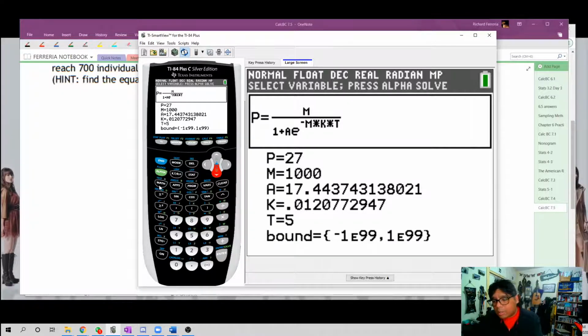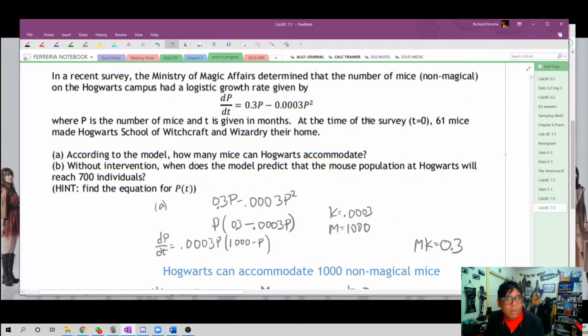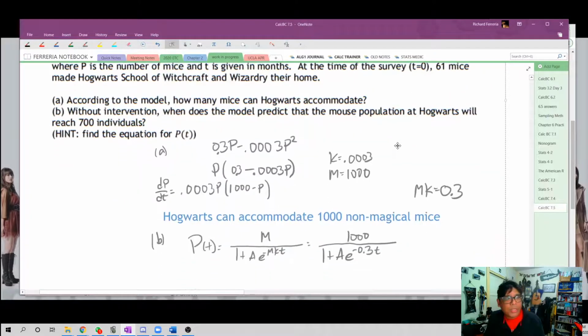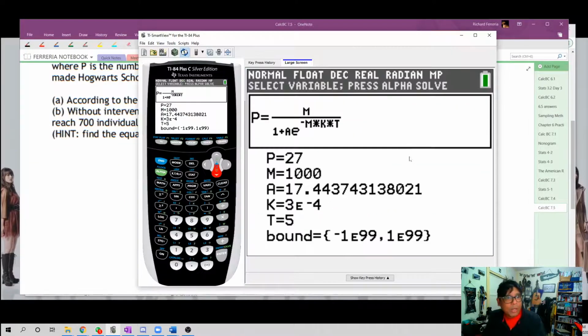K was 0.0003. And now we're going to have to figure out our value of t. So if you remember from the problem that we read, when t equals 0, there are 61 mice. So let's get back to here, and when t equals 0, the population was 61.